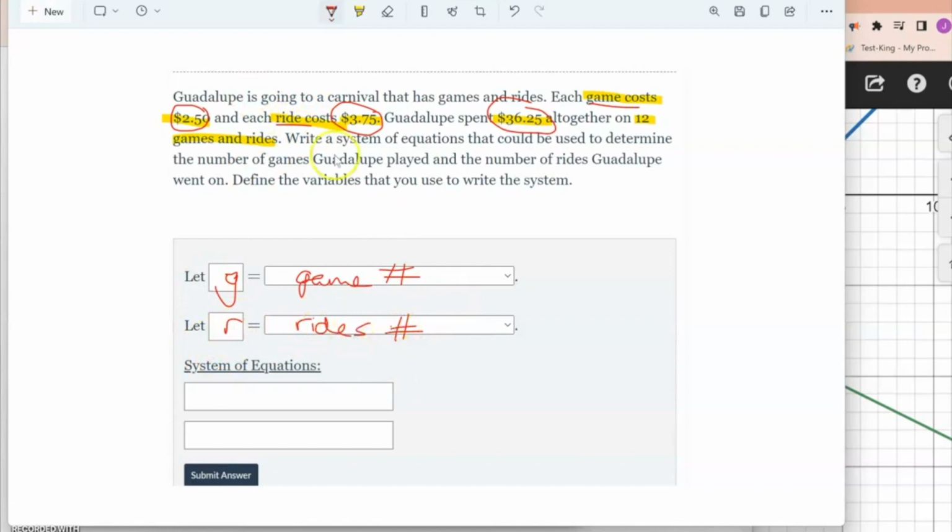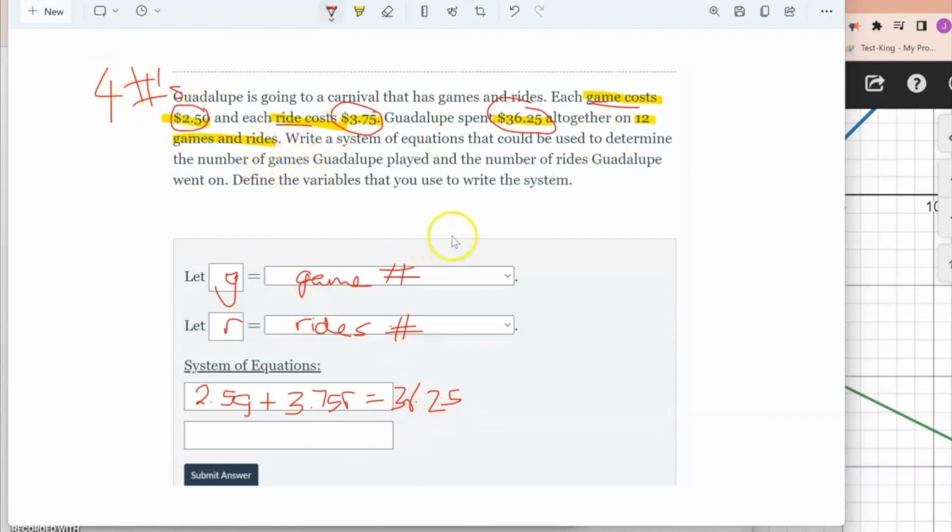All right, set up the money with the money. So $2.50 goes with G, plus my rides are $3.75 R, equals my other money, which is $36.25. And then when you have four numbers, you set up money, money, money.